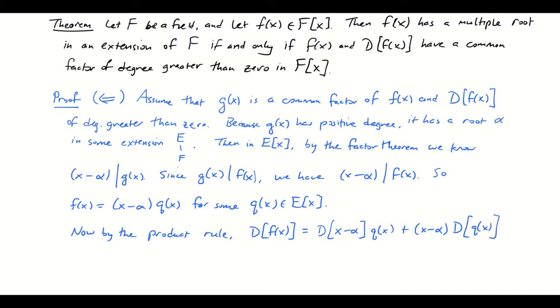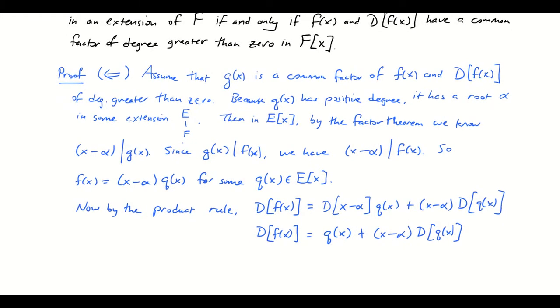All right, and the derivative of x minus alpha is just 1. So this derivative of f of x is equal to q of x plus x minus alpha times the derivative of q of x.